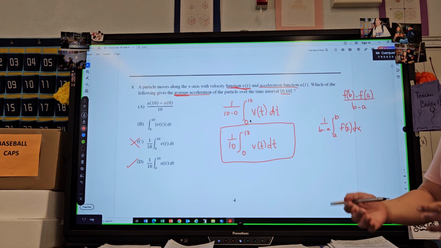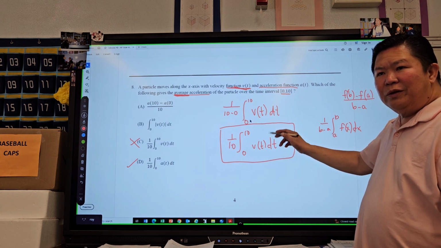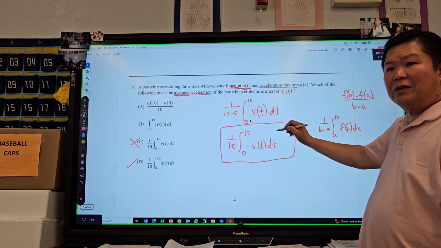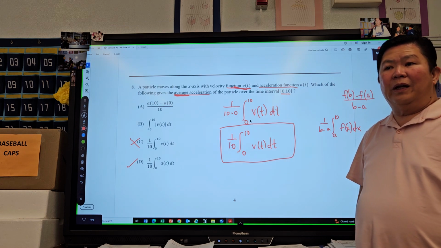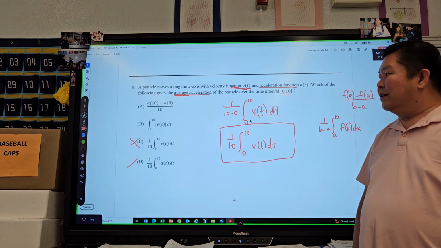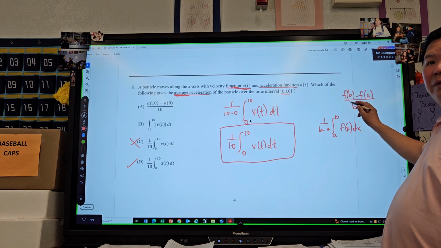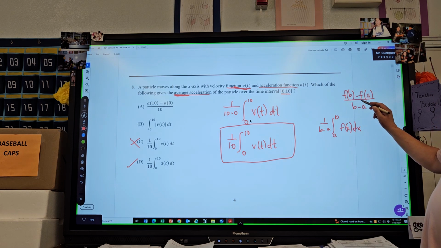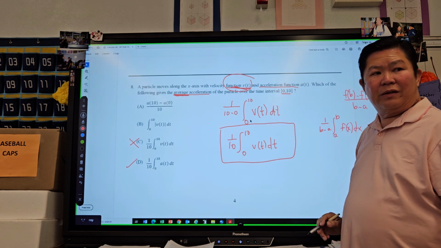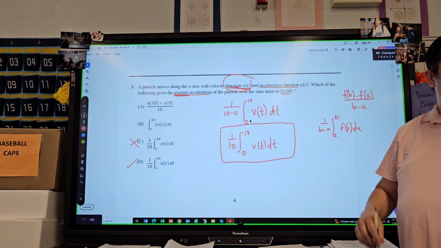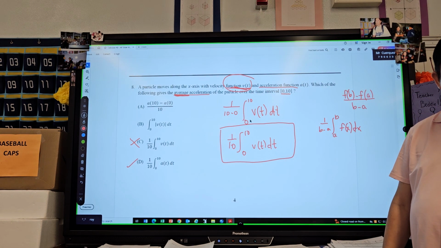Clear now, guys? Yes. I intentionally did this one because this is the original function. So what is the derivative of velocity? Acceleration. Is this a derivative? Yes, right? But the given original function is velocity. So to get acceleration, you go down.